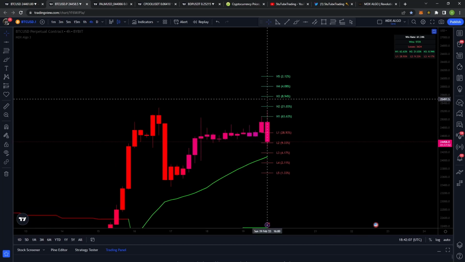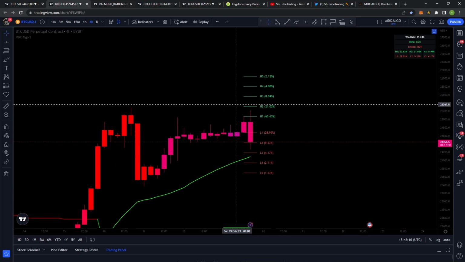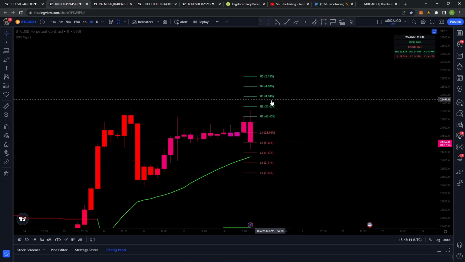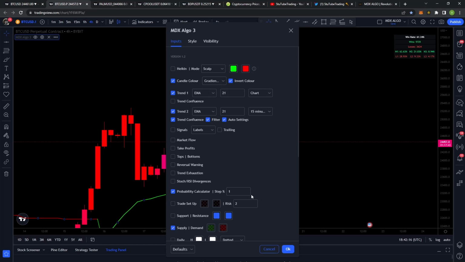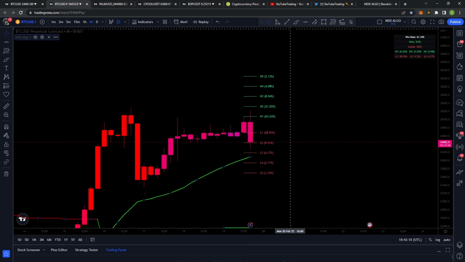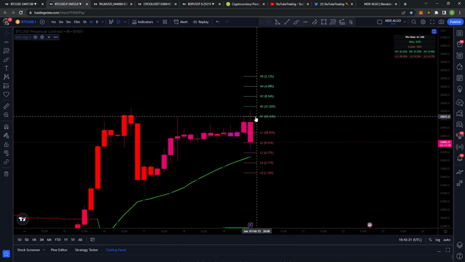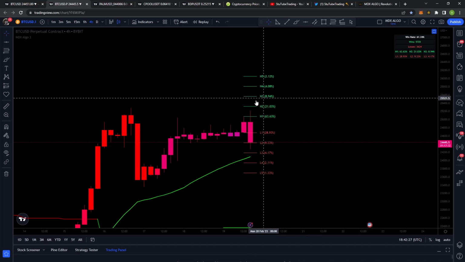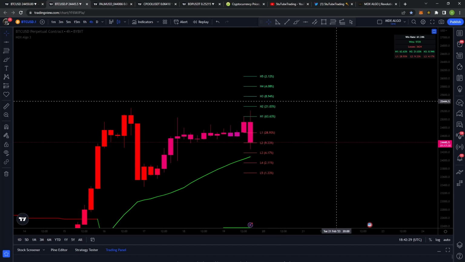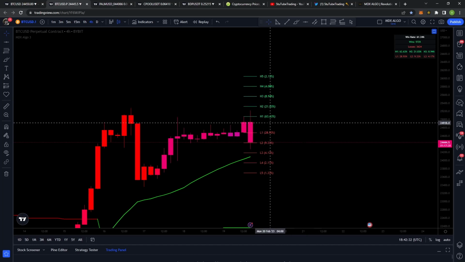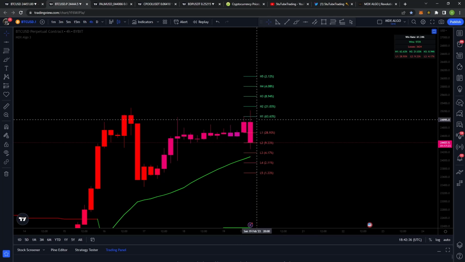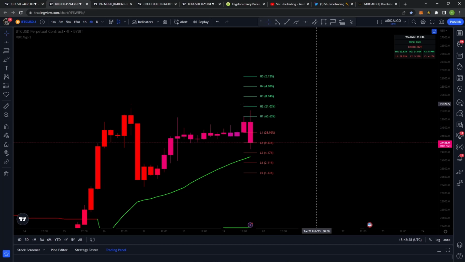This is very cool. Obviously, I think this is more important on larger time frames because each of these targets is spaced 1% apart. You can see because I have the step percentage set to 1. And when you're looking at degen time frames like a 5 minute or a 1 minute or a 15 minute, it's not too likely that your candles are going to explode several percent and reach many of the targets.